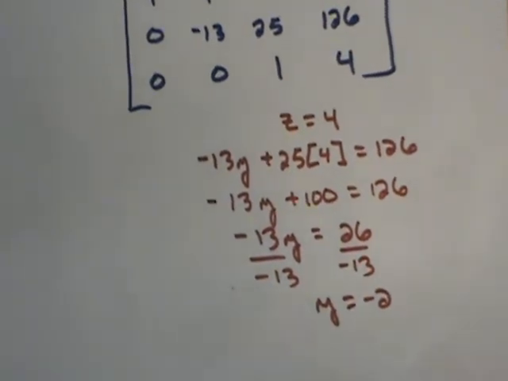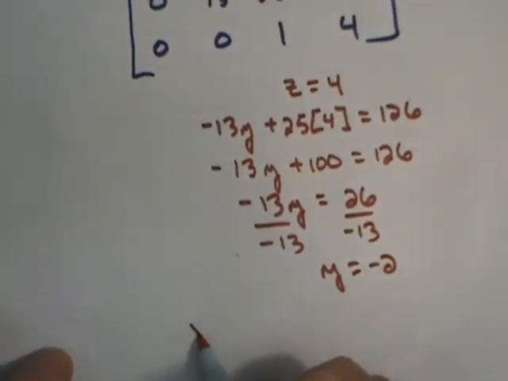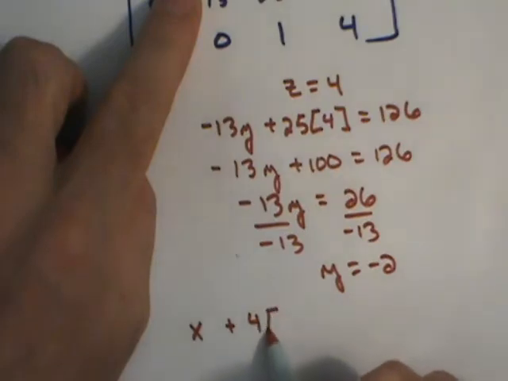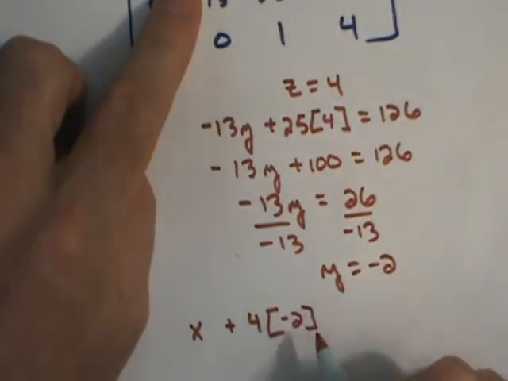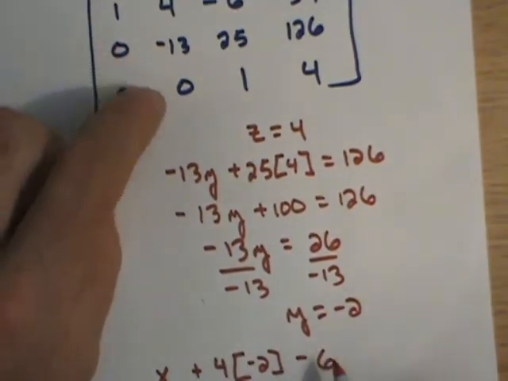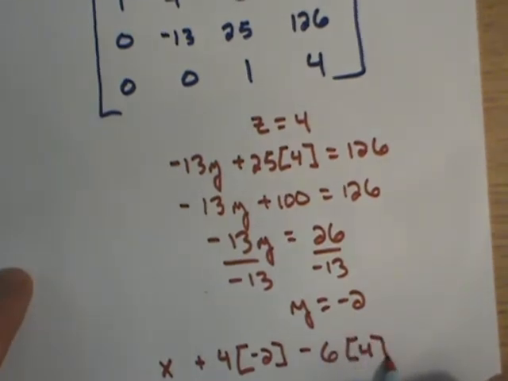Now to get to the x, I can go back to this first equation, which was represented as x plus 4y, so it'd be 4 times y, which is negative 2 now. And then I have this minus 6 here, so I go minus 6 times, well, z is 4, so I put my 4 there, and it equals negative 31.